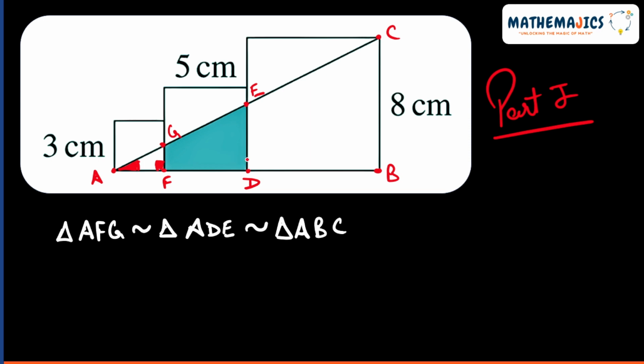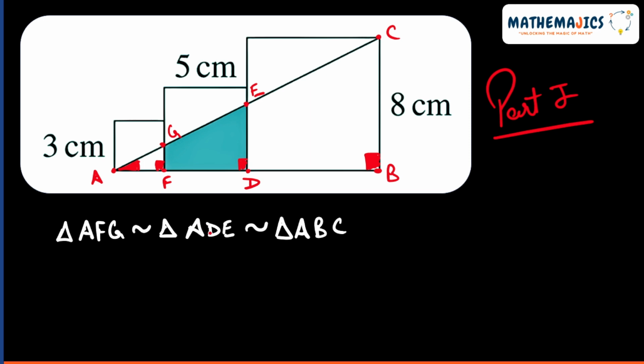This angle is 90 degree, and this angle is 90 degree because these are angles of a square. As you can see, there are two angles which are same in all the three triangles. One is this angle A and next is 90 degree angle. So these three triangles are similar to each other. Now why we have proved the similarity, we will look at part 2.